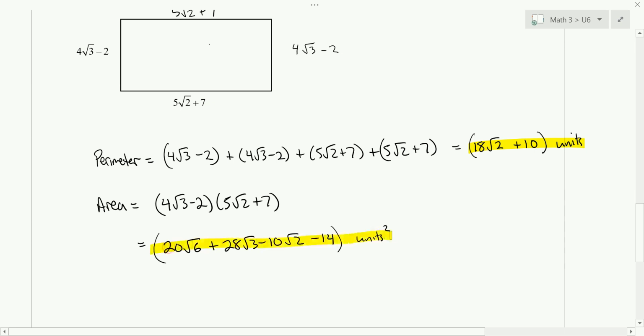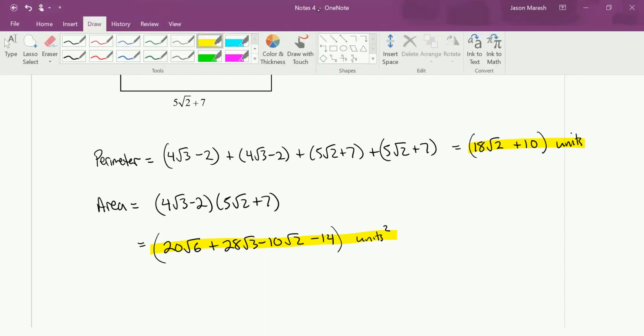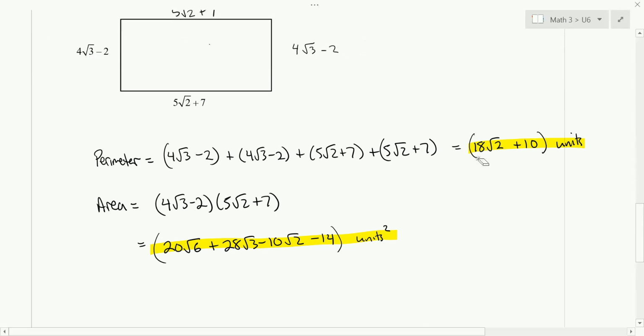So here's what you should be getting. Perimeter. You add up all four of them. 4 root 3 plus 4 root 3 plus 5 root... Oh, what did I do wrong? Man, I can't add the 4 and the 5, can I? I need to fix that, don't I?